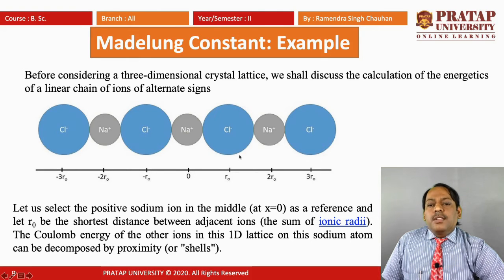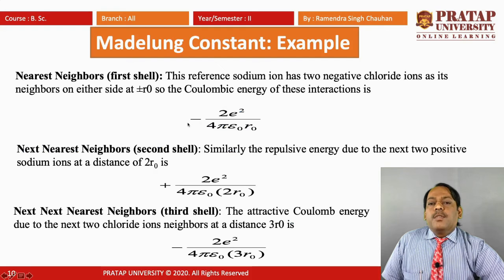If we add up, then we will find minus 2E square upon 4 pi epsilon naught R naught, where we know K is equal to 1 upon 4 pi epsilon naught by using the Coulomb law.